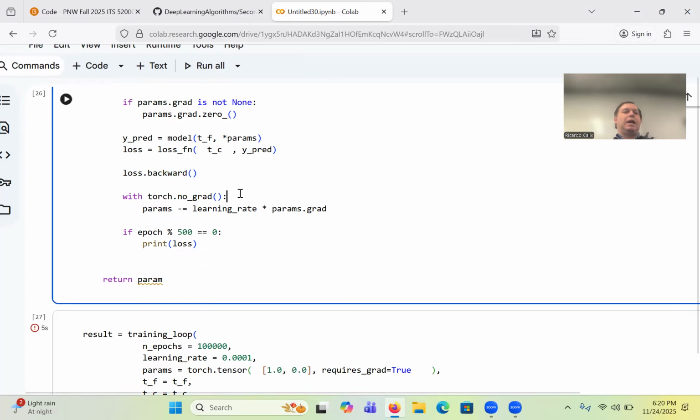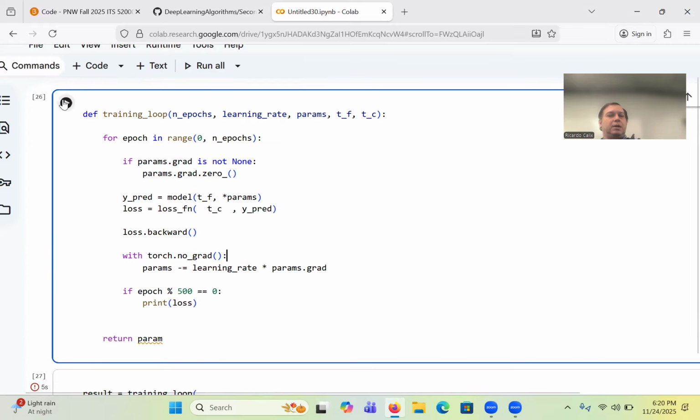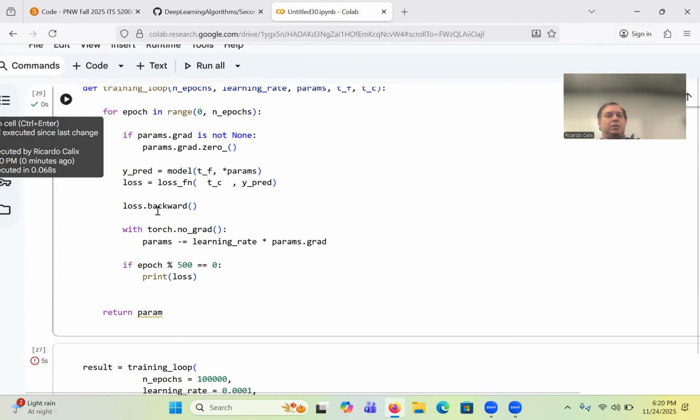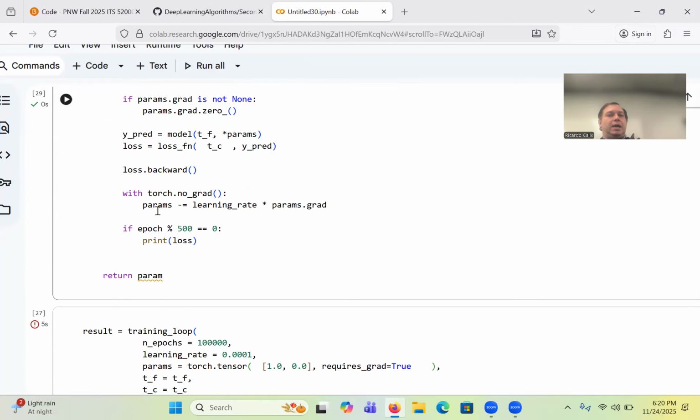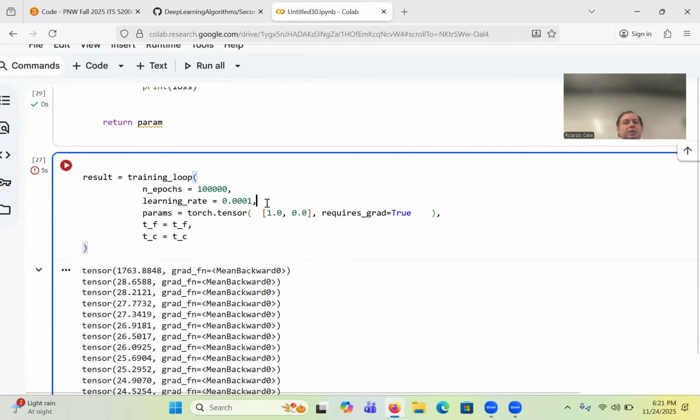All right, so creating the function, the training loop. It's loaded, and now it should work. This part is just invoking that function, 100,000 iterations, a learning rate.